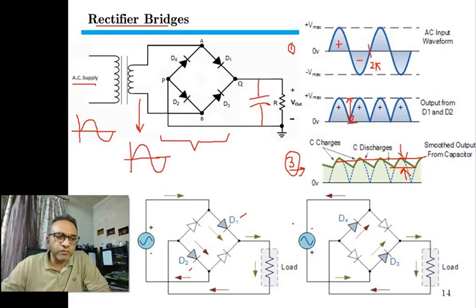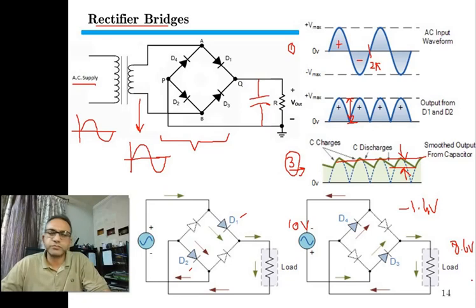So if we are providing 10 volts peak at the input of the rectifier, and during each half two diodes will conduct, that means the two diodes will subtract 1.4 volts due to the voltage drop of each diode. 0.7 plus 0.7, 1.4, and hence the output voltage will be 8.6 volts.